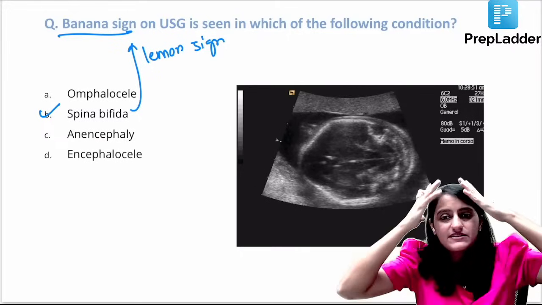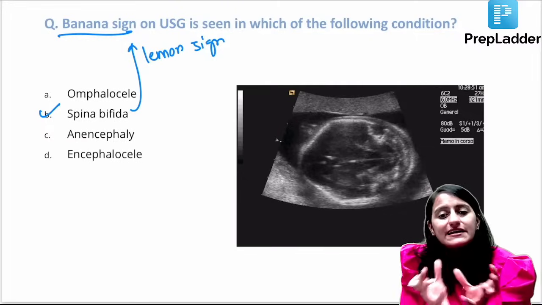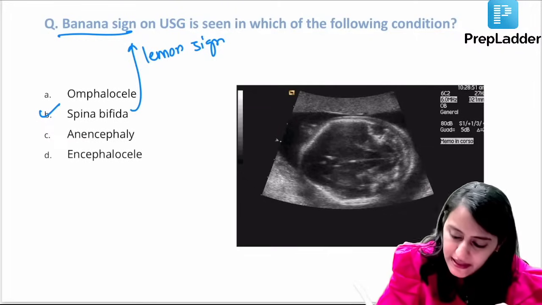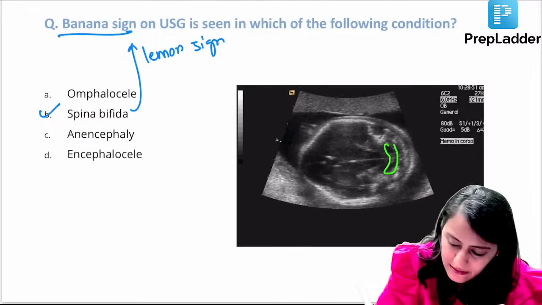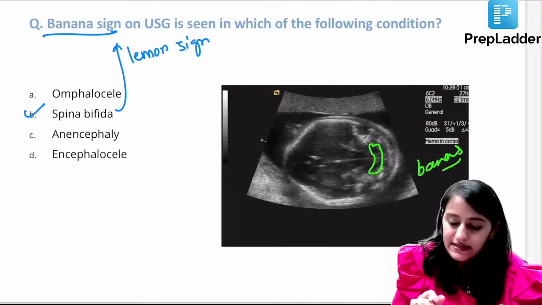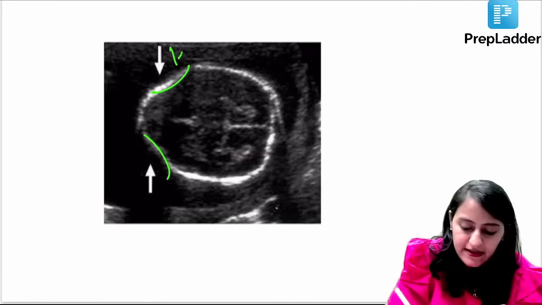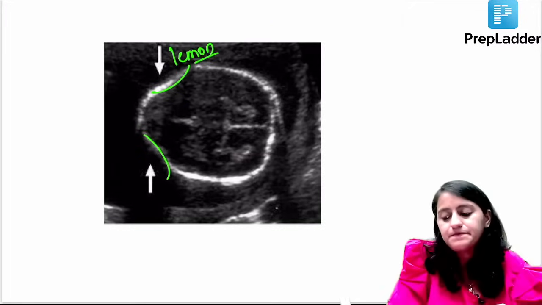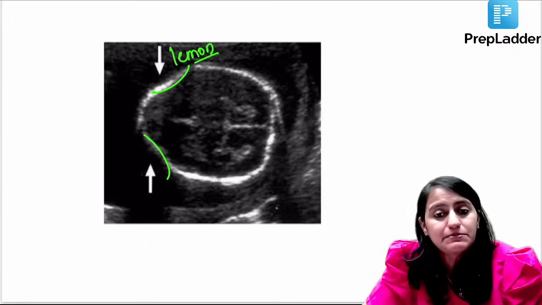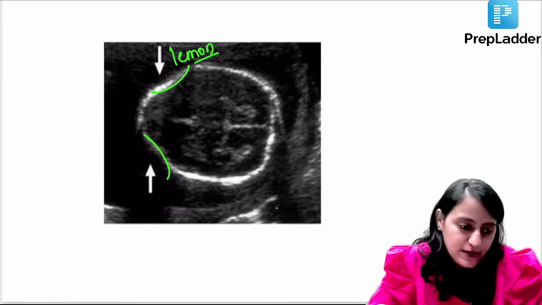So the frontal bone becomes concave like a lemon sign, and the cerebellum becomes curved like a banana. Okay, the cerebellum becomes curved like a banana. So banana sign, and the other sign that you have is the frontal bone becoming concave. That is the lemon sign. Okay, so neural tube defect, spina bifida gives this lemon sign and banana sign. Is this clear with everyone?